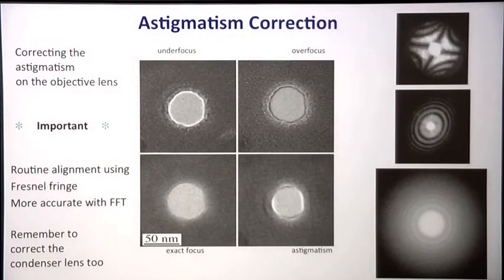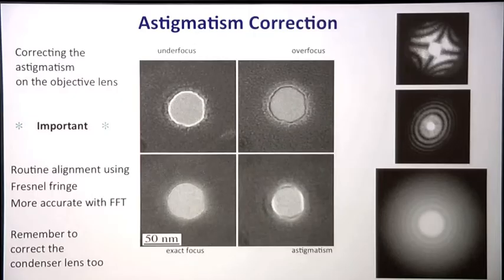And if you remember back to this image, this is an astigmatic image. You can see that the focus is different along this axis than this axis. And we really try and correct this as well as we can using the lenses, because we have good lenses to do this. And not only that, but we have live Fourier transforms now, so you don't have to do it just by staring at a carbon film in the dark.